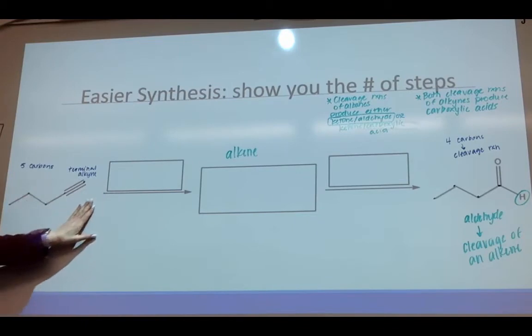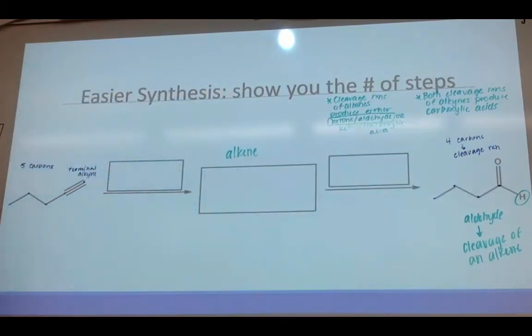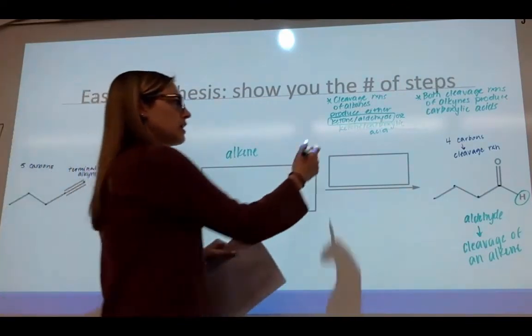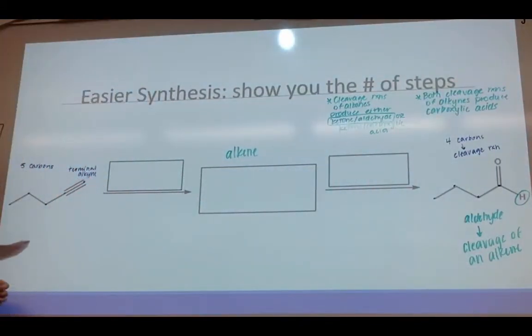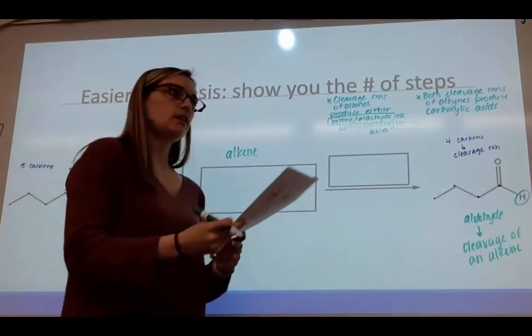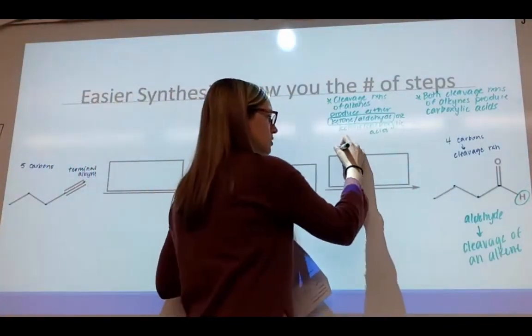So we have an alkyne, we're going to need to get to an alkene, and then we can actually undergo that cleavage. Now, we can work backwards here because there's only one type of reaction that produces an aldehyde. If you look at your alkene cleavage reactions, the one that produces an aldehyde is ozonolysis.